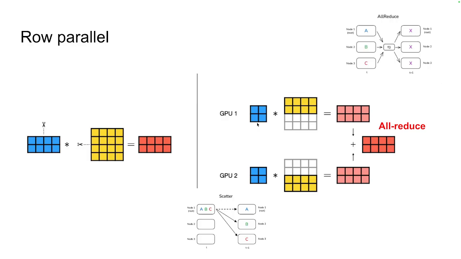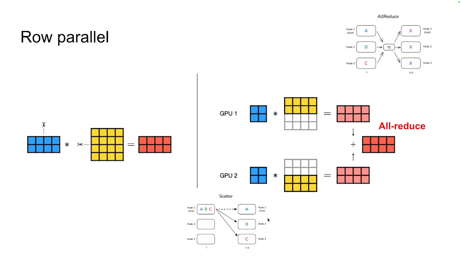Now you also have to cut the input matrix into its subsequent parts so that you can do a valid matrix multiplication, because in matrix multiplication these rows multiply with these columns, and as there are only two columns here, you can only multiply with two rows. So you need to divide the input matrix, and for that we use a scatter collective communication, where suppose ABC are our input matrix, and we want the first node to have A, the second node to have B, and the third node to have C.